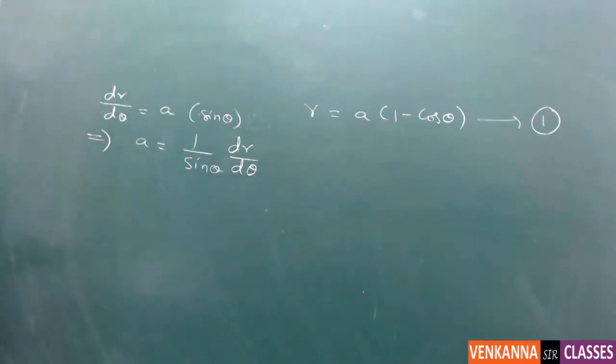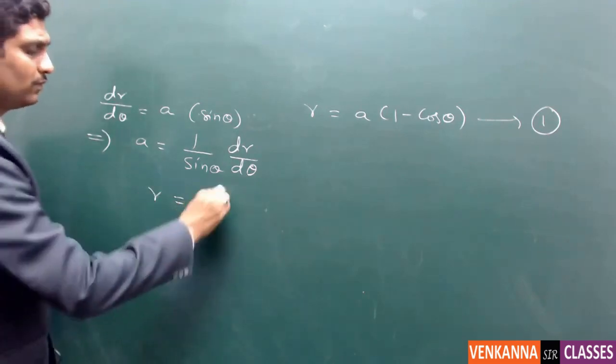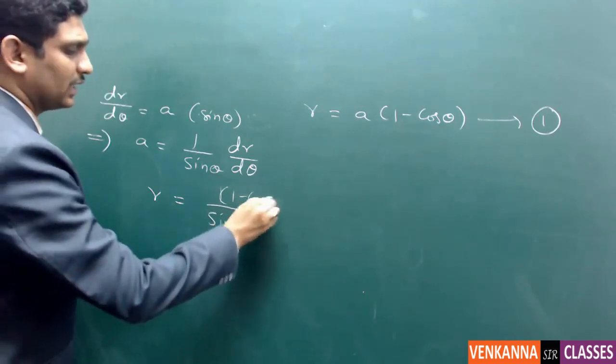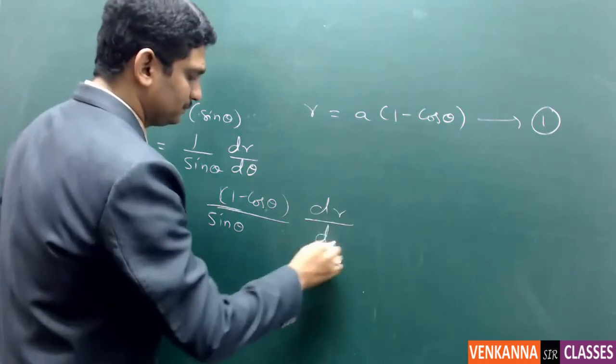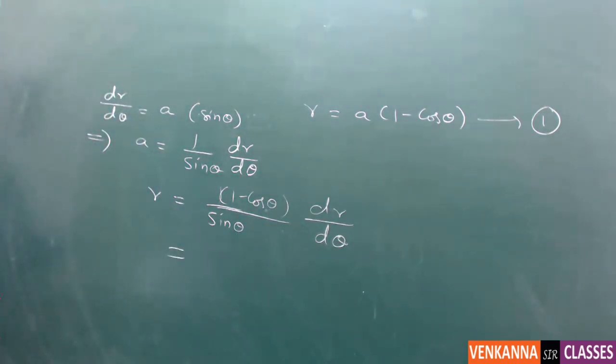So if you substitute the value of A there in the given equation, we have r is equal to 1 by sine theta into 1 minus cos theta into dr by d theta. So we are going to simplify this.